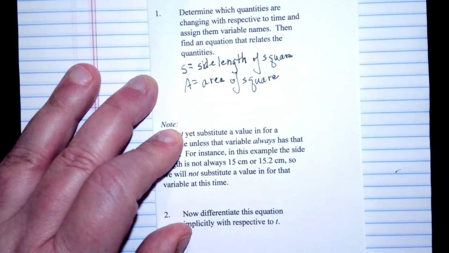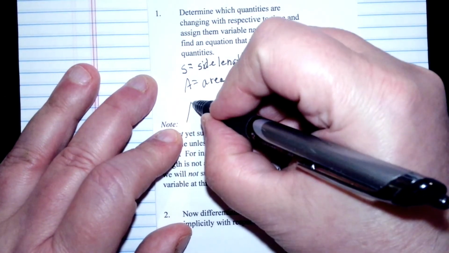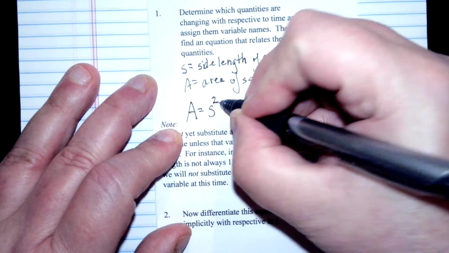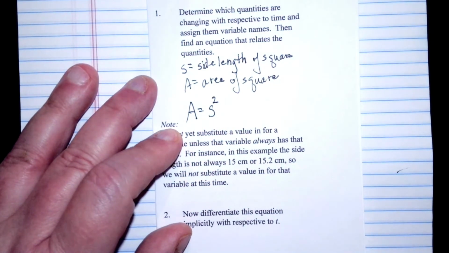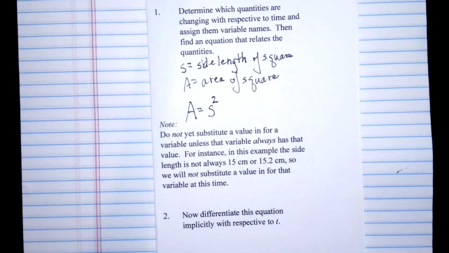Alright, so we need to come up with an equation that relates those two. Well, A is equal to S squared. Now, we're asked to find the rate at which the area is changing when the length of a side is 15.